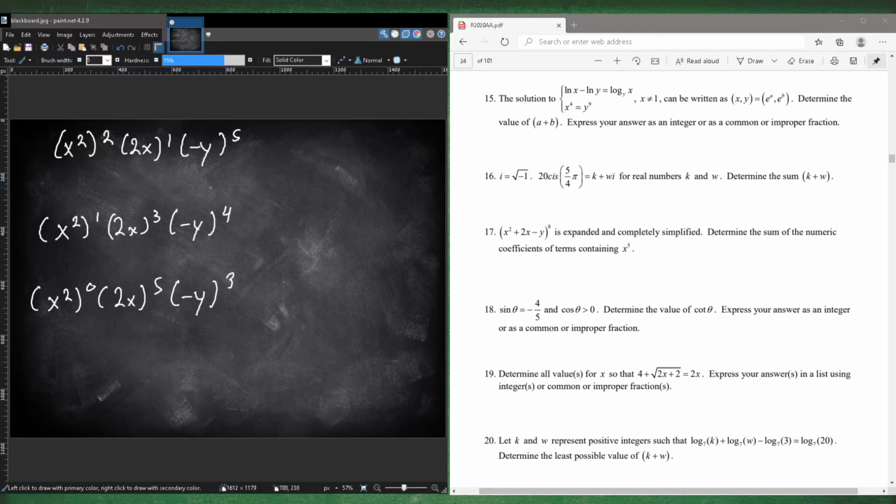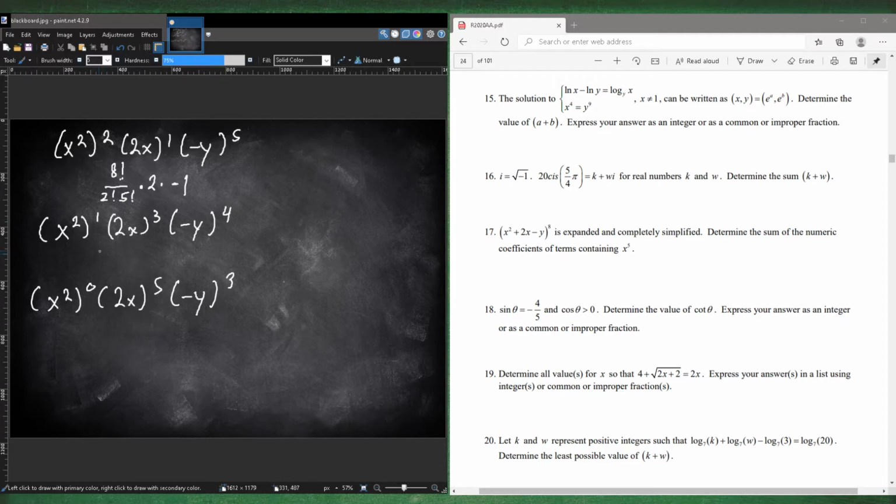So we need to find the coefficients for each of these, which is pretty simple. For the first one, it's just 8 factorial over 2 factorial, 1 factorial, and 5 factorial. Then multiply by the coefficient here, which is 1, so we don't have to worry about it. The coefficient here is 2, and 2 to the power 1 is just 2. And negative 1 to the power 5 is negative 1.